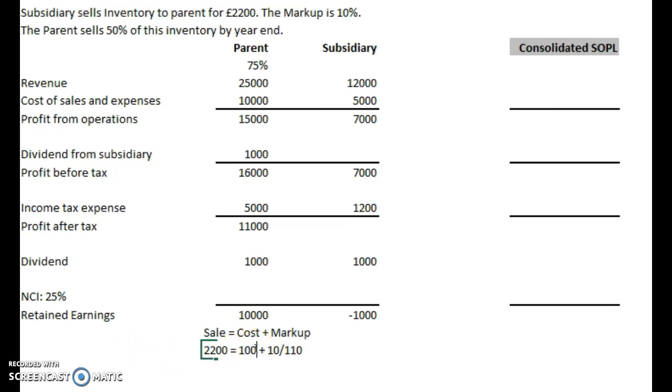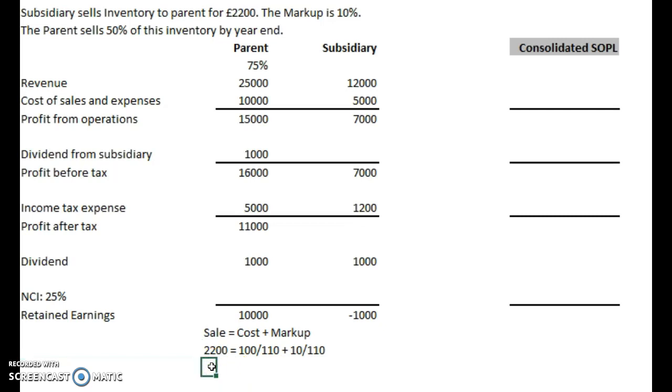And the cost would be representing 100 out of 110. So in total, the sale price is 2,200. The cost is 100 over 110 of the total, and the markup is 10 over 110 of the total.